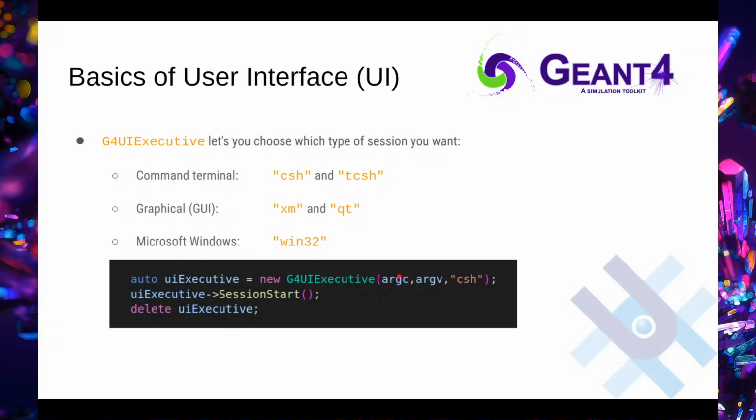These are variables created together with the operating system that pass parameters to any program. We're going to implement those in our own programs in a moment. And here you can type one of these strings to create the type of session or the type of user interface you want. After that, you just have to tell the executive to start a session, so SessionStart, and when you're done, delete this object.